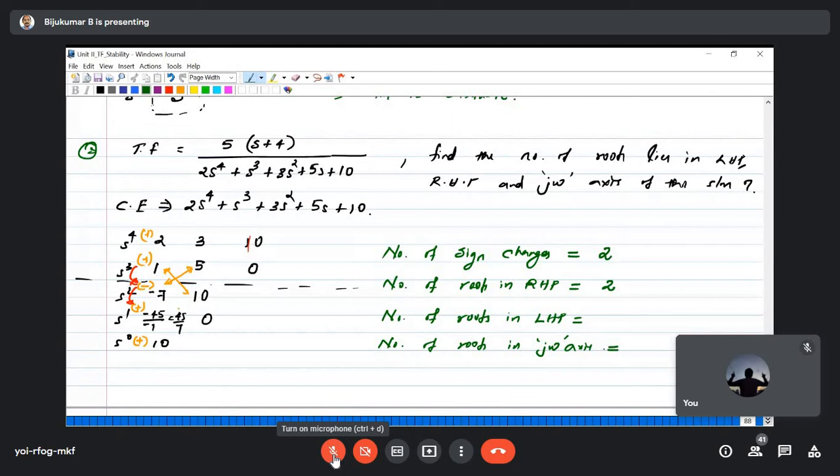Since there is no zero constant, there are no roots on the j omega axis. We have only 4 roots. Out of that, two are located in RHP, so obviously the remaining 2 will be in LHP. Since 2 roots lie on the RHP, we can say that the given system is unstable.